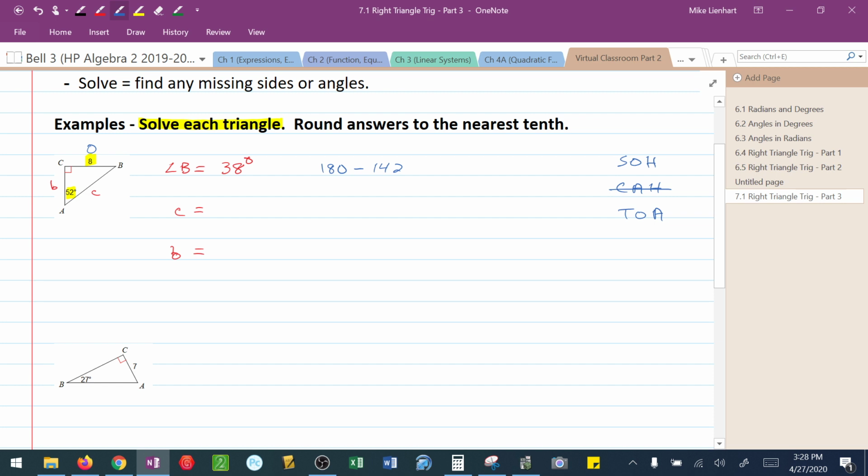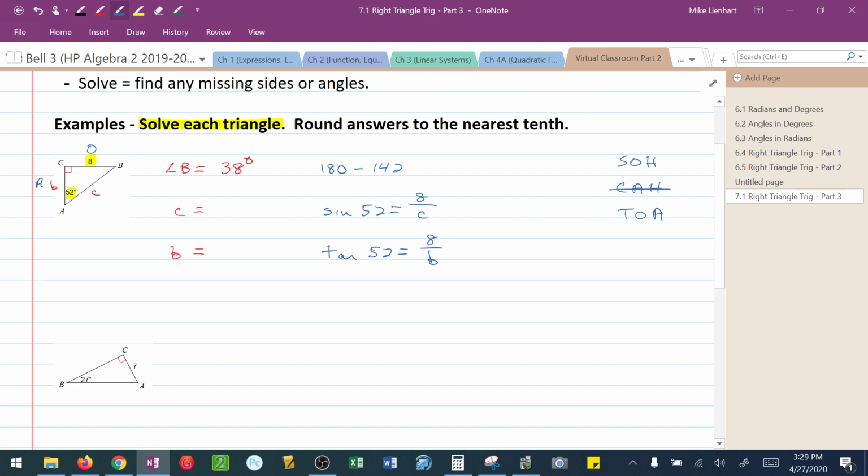B is adjacent. So opposite and adjacent tells me to find B, I use the tangent function. The tangent of 52 would be equal to 8 over B. And to find C, C is the hypotenuse, so that's telling me to use the sine function. And the sine of 52 would be 8 over C.